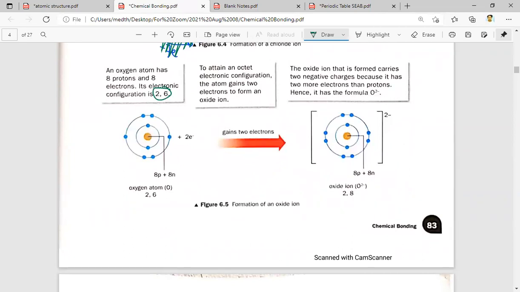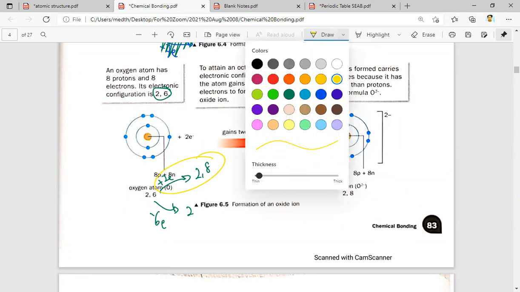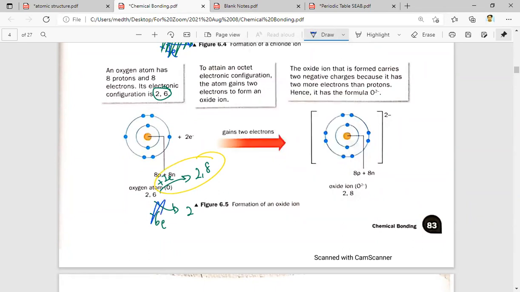For oxygen, 8 protons, 8 electrons, so electronic configuration 2,6. Once again, go back to the same idea. I can either gain 2 electrons or lose 6 electrons to give me 2,8. Which one is easier? Obviously, it's easier to gain 2 compared to losing 6. Therefore, because I gain 2 electrons, I'll become 2,8 like this.